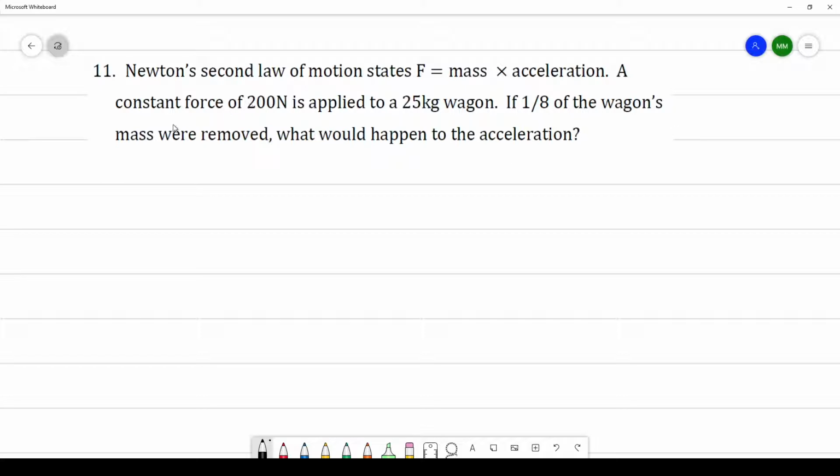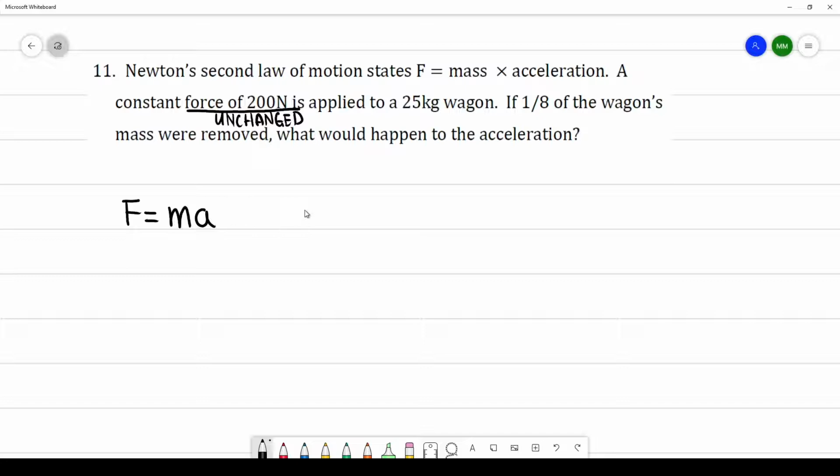So again, in this question, the force is unchanged. So, oh, a constant product here. Mass times acceleration, unchanged. Good. So we usually write F equals ma. That's the short form, mass times acceleration.